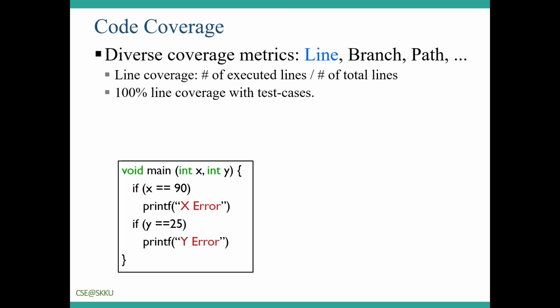I will give you about 10 seconds to think about it. Alright, we can achieve 100% line coverage using just one test case. The answer is x is 90 and y is 25.